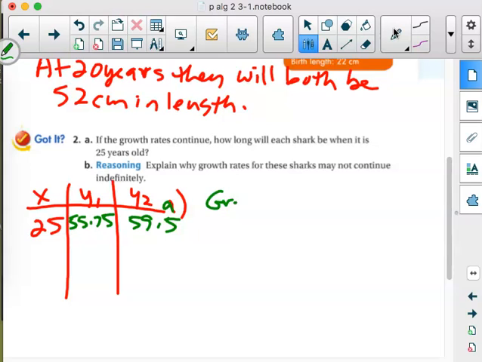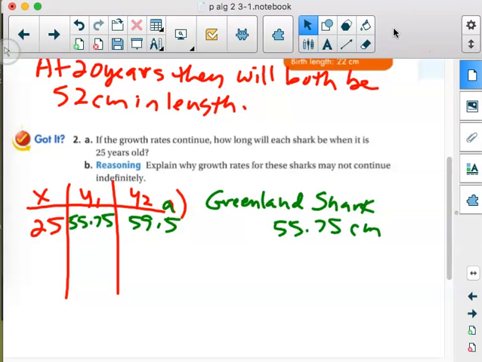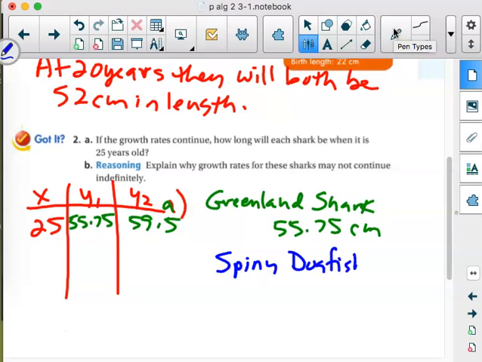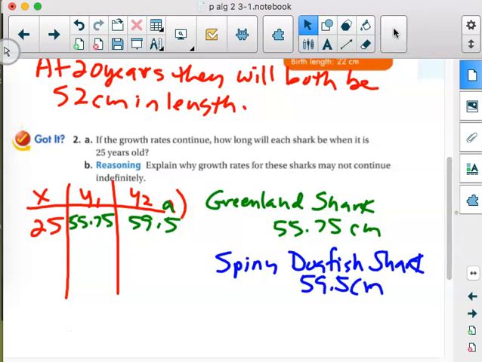So Greenland shark, 55.75 centimeters, and spiny, oh, my S didn't take, spiny dogfish shark, 59.5 centimeters. So we have those two.